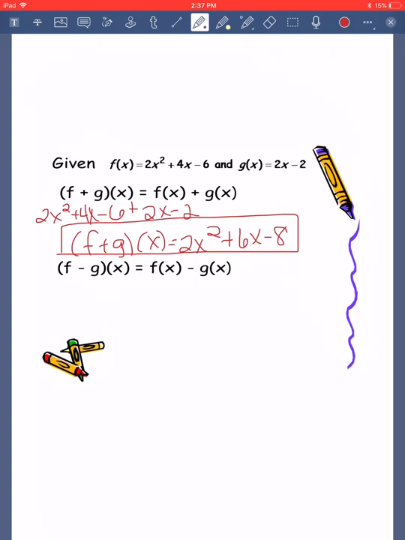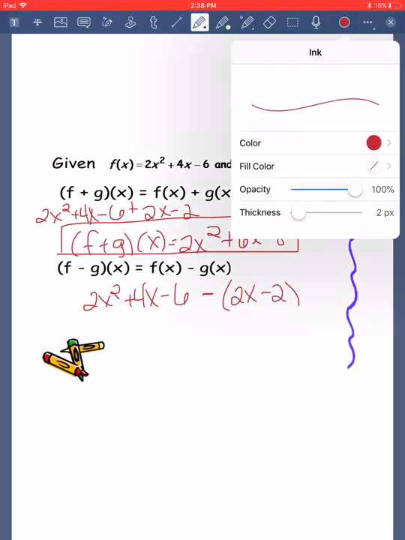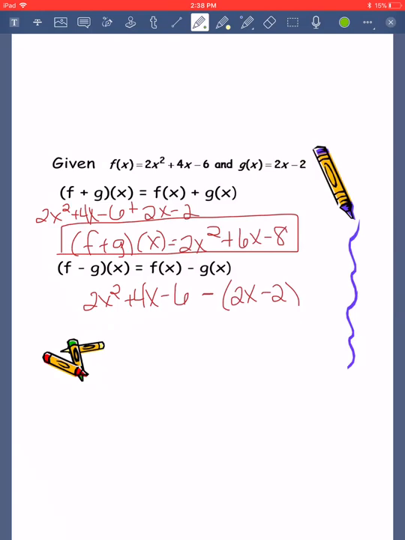For subtraction, you have to be a little more careful here. Order is extremely important. So f minus g of x, you write out your f of x, so 2x squared plus 4x minus 6. And we're going to be subtracting g of x from it, so I'm going to put g of x in parentheses. And the reason why I put g of x in parentheses is because I'm going to have to distribute that negative out to the 2x and to the negative 2.